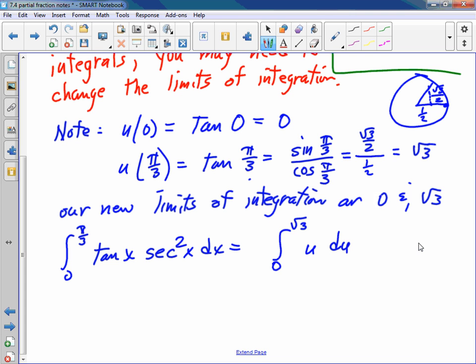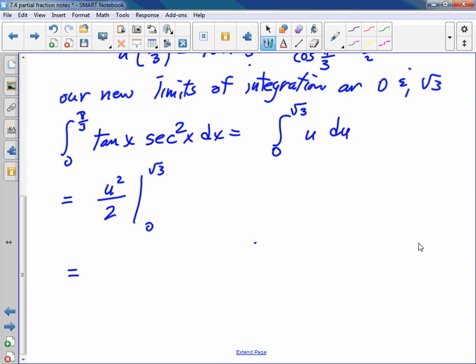I take the integral and evaluate it, and I'm done. And that's pretty cool. So this is equal to what? What's the integral of u du? U squared over 2 evaluated from 0 to square root of 3. That's it. How magical is that, man?